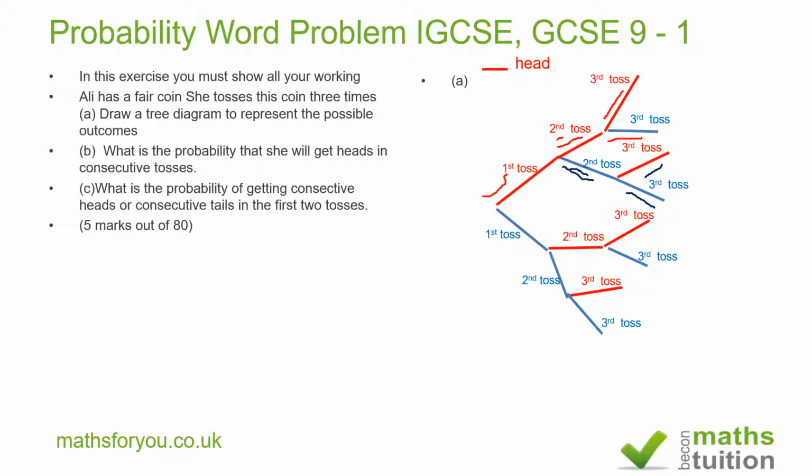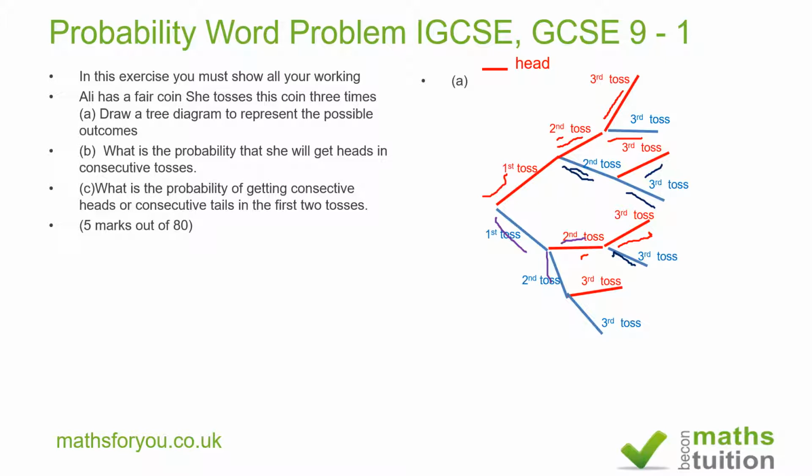That branch is finished now. Now, if she had a tail in the first toss, for the second toss she might get a head or a tail. Now, if she had a head in the second toss, she might get a head in the third toss or a tail in the third toss.